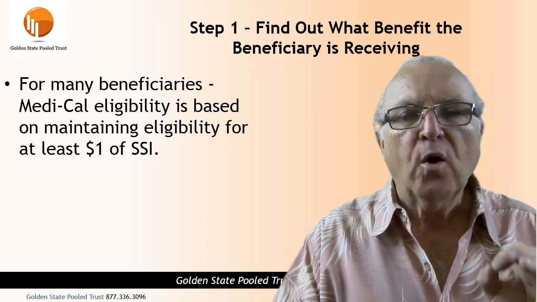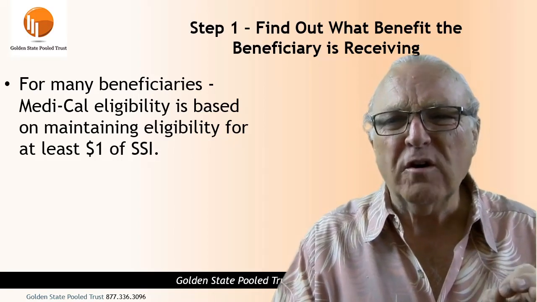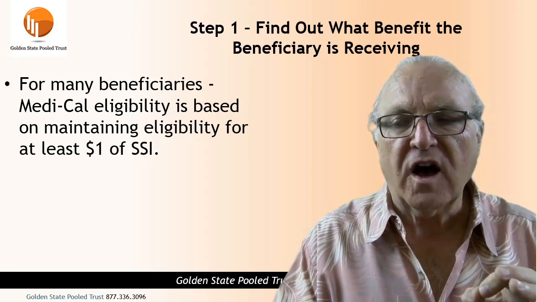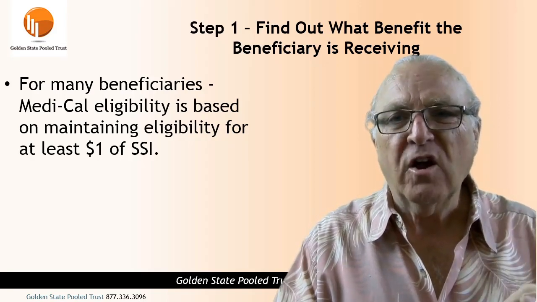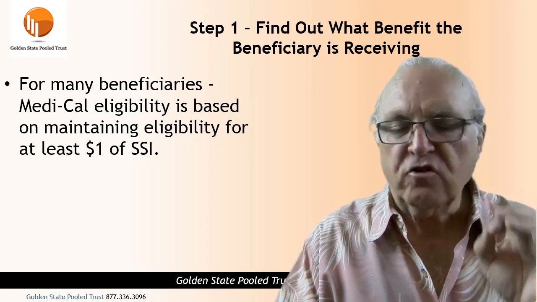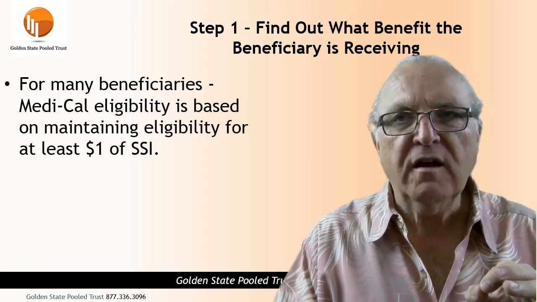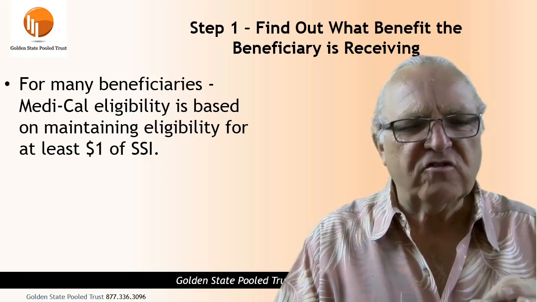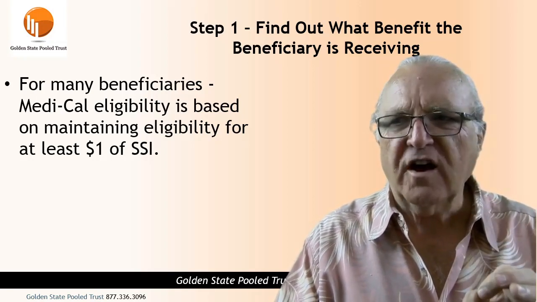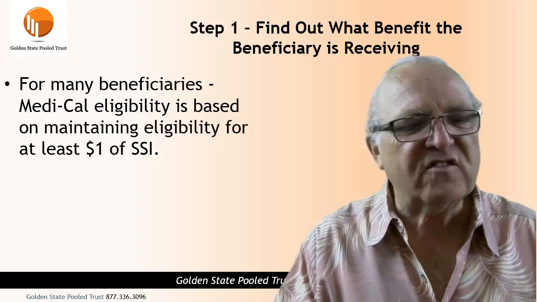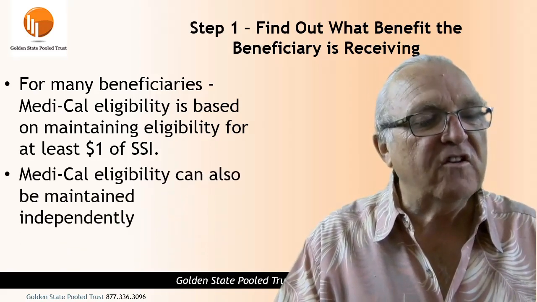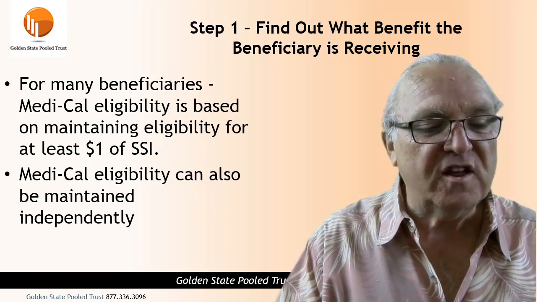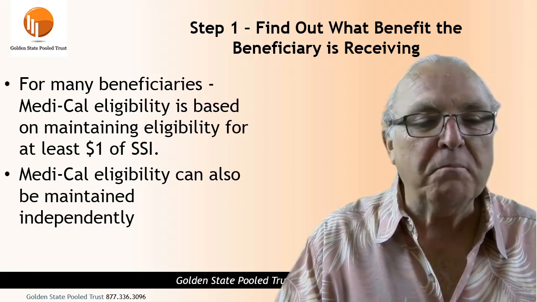We're in what's called a 1634 state, which means that if you get at least $1 of SSI, you get your Medi-Cal without a share of cost. You just get it automatically. And I've seen people go to extreme measures to maintain that last dollar of SSI when, quite frankly, I don't think it makes a lot of sense. The other way is that Medi-Cal can be maintained independently, and I want to go through some examples later about when and how we might do that.